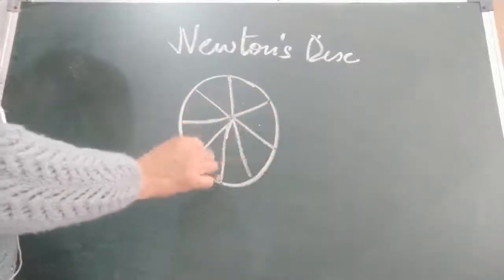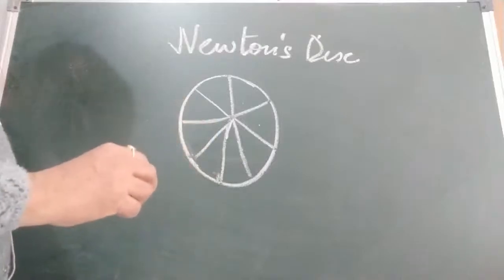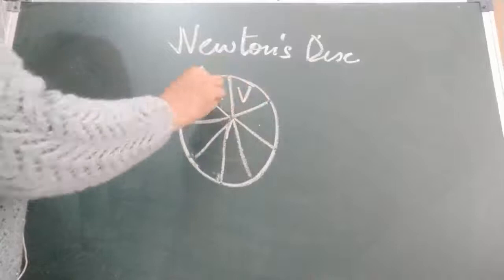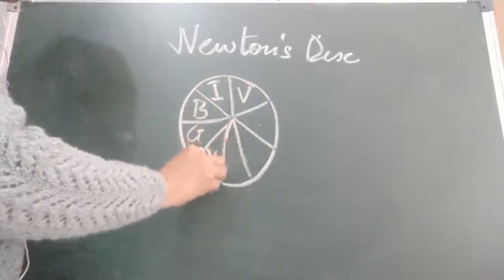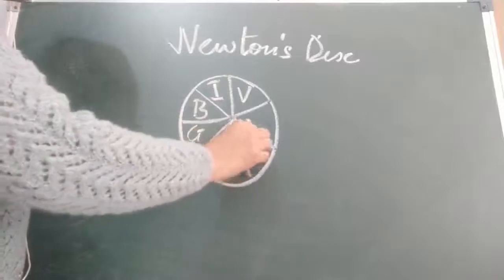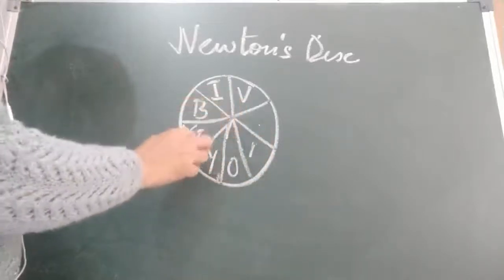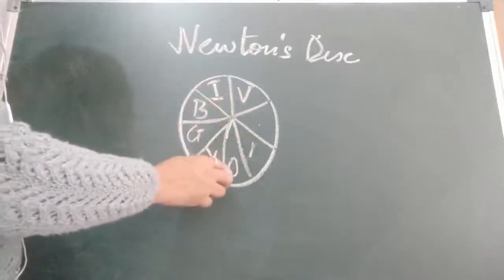These spokes are not equal, but you divide, and now you color it with the same sequence: violet, indigo, blue, green, yellow, orange, red. 1, 2, 3, 4, 5, 6, 7.